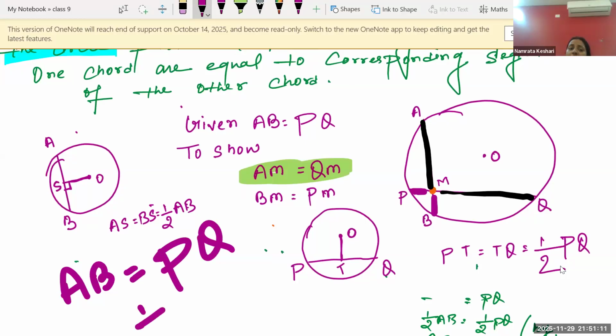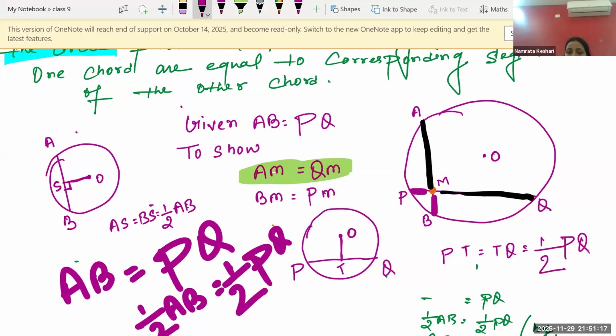That means half of AB and half of PQ will also be equal.